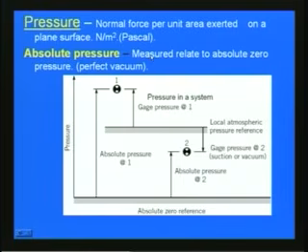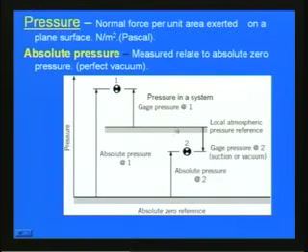Pressure is the normal force per unit area exerted on a plane surface. If you consider a plane surface like this and apply a normal force, the force per unit area is the pressure, and its unit is Newton per meter square, expressed as Pascal.